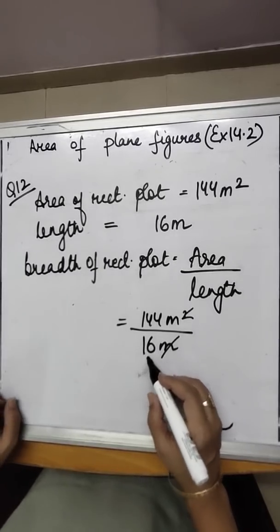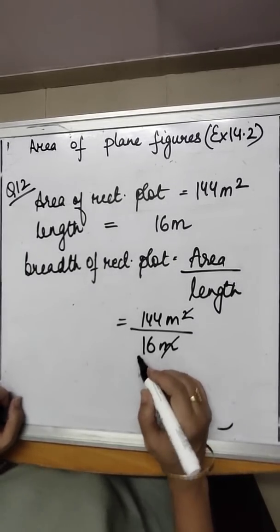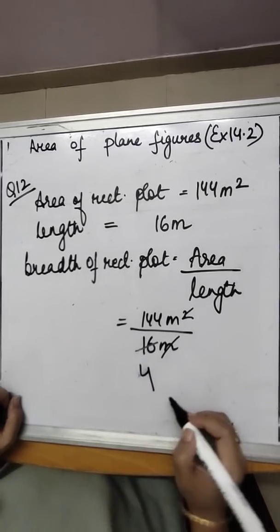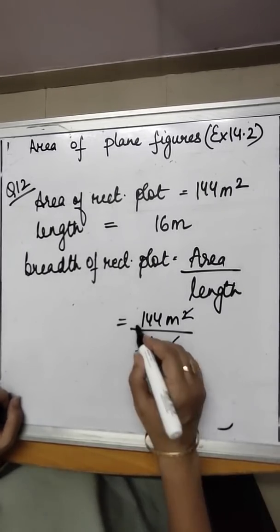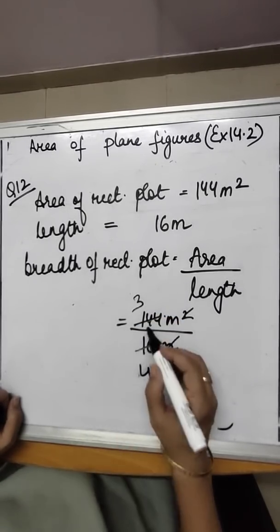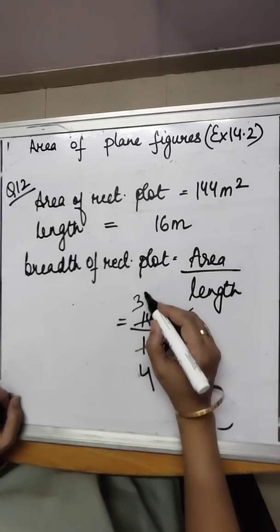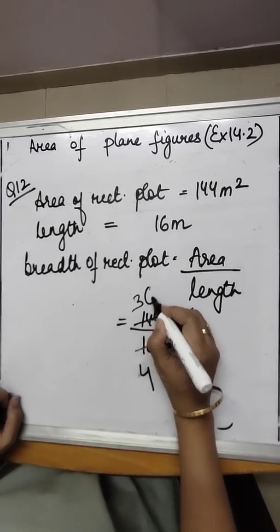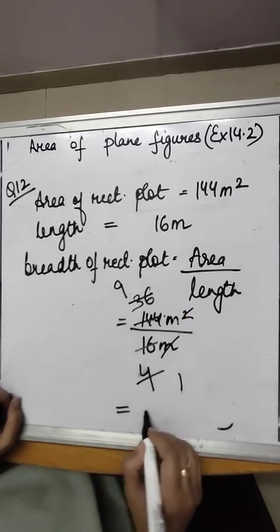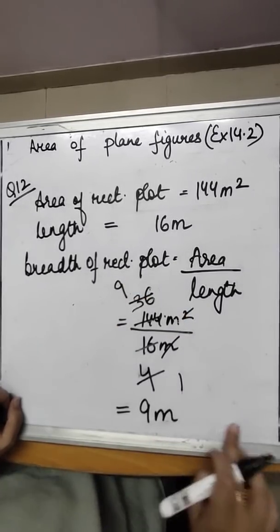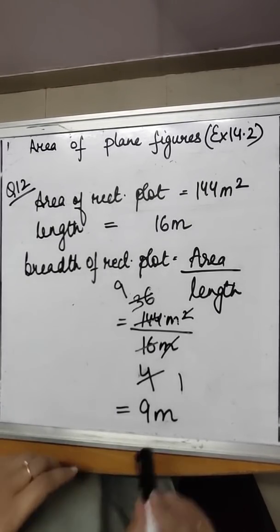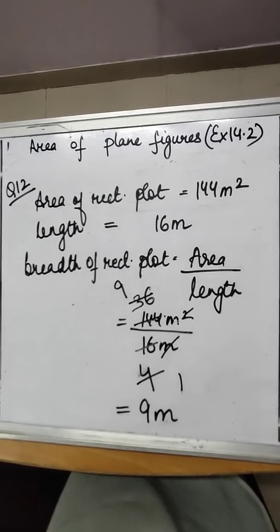Can we cancel it by 8 or 4, whatever you want? I'm cancelling it by 4. If you cancel it by 4, it is 4 3s, and then 2 will be left, so 24, so by 6, again by 4, so we have 9 meter. So breadth of the rectangular plot is 9 meter. This is the first part that we have solved.